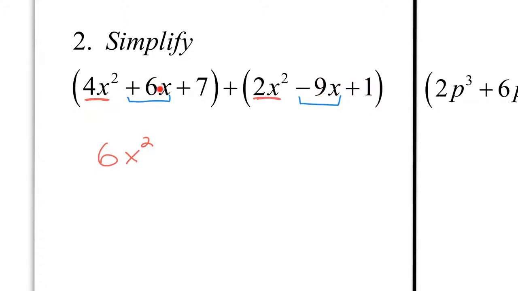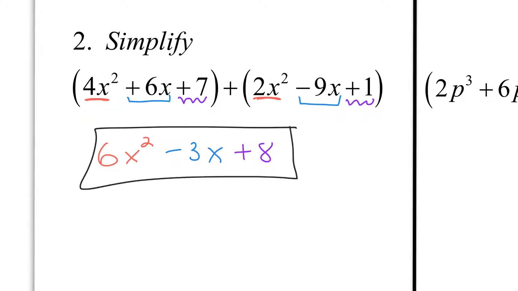You combine those two terms, 6 minus 9, that would be negative 3x. And the last one is your constant. We do have a positive 7 plus 1. That's going to be positive 8. So your answer is 6x squared minus 3x plus 8.